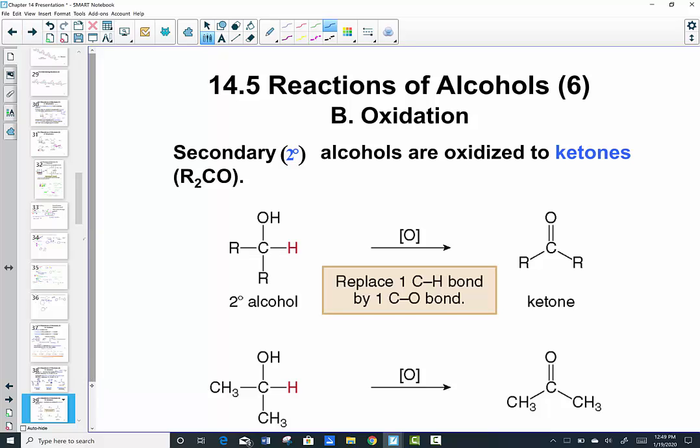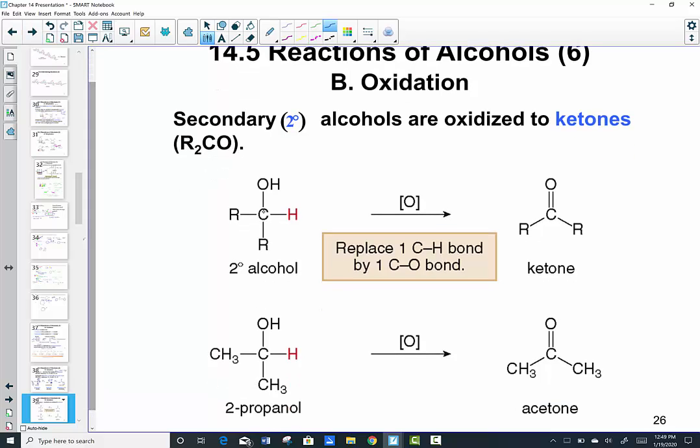Secondary alcohols, that means there's a carbon attached to two other carbons and only one available hydrogen. That means when it's oxidized, it only has one available hydrogen to eliminate and form a bond to oxygen. Secondary alcohols form ketones. That's it, because there are no more hydrogens to eliminate.